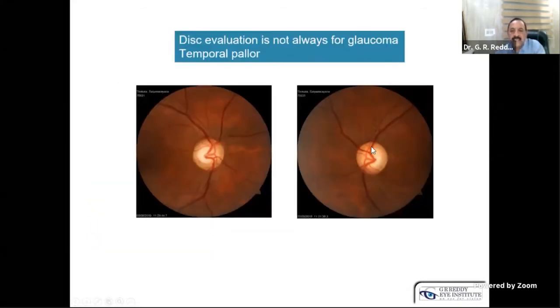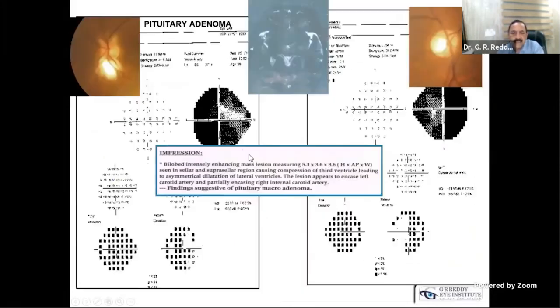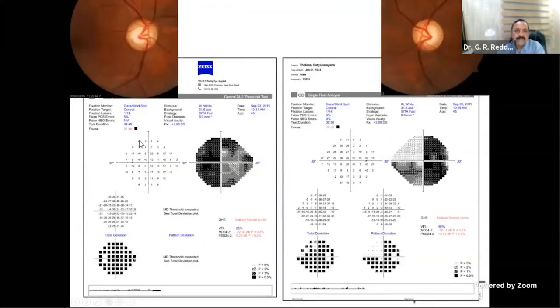In this patient, the meticulous fundus examination was almost looking normal, but while the patient was walking, I got a doubt, and I did the field by confrontation. By confrontation, you can see bitemporal hemianopia.